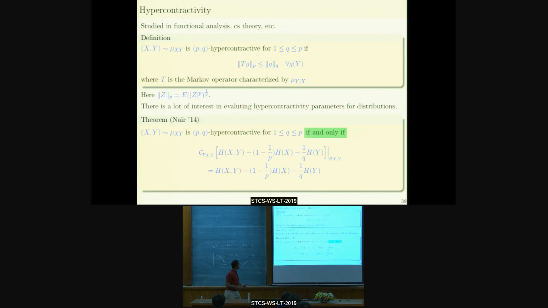If it matches, then mu is PQ hypercontractive. So for every P and Q, I can draw this functional that changes with P and Q, and I'm asking what are the distributions at which the function and the upper concave envelope match? Those are exactly the distributions at which they are PQ hypercontractive. That's an if and only if characterization.